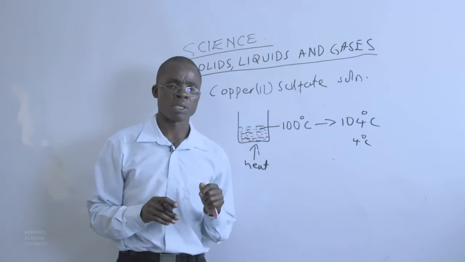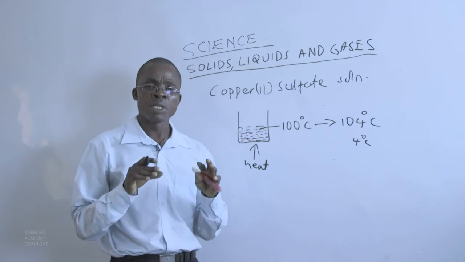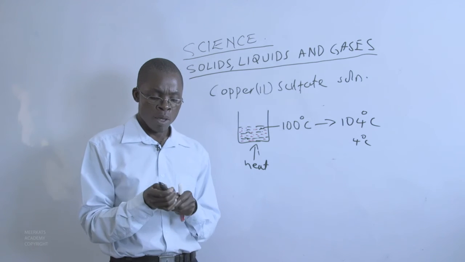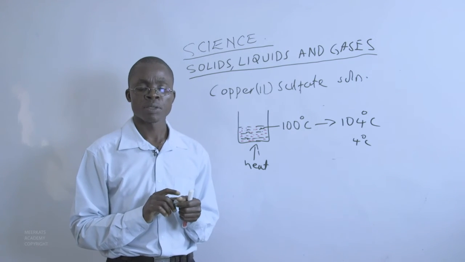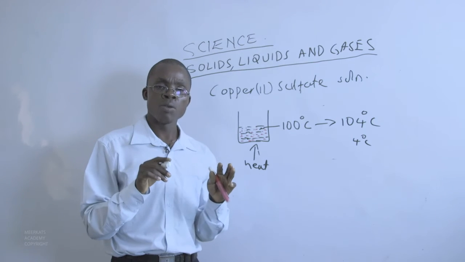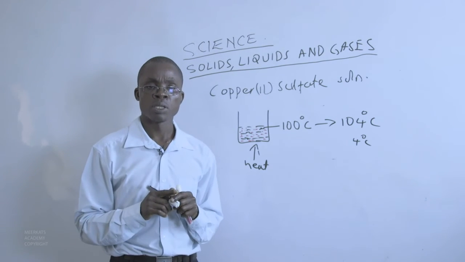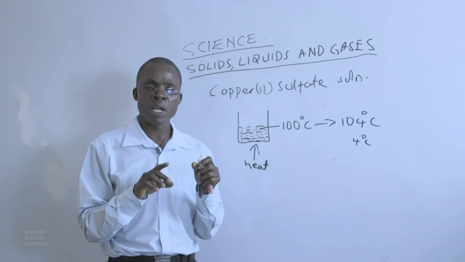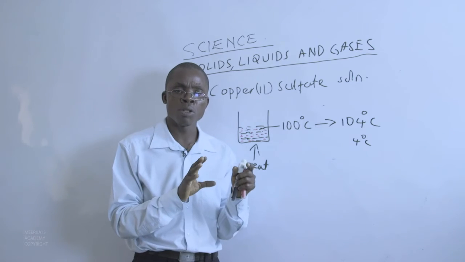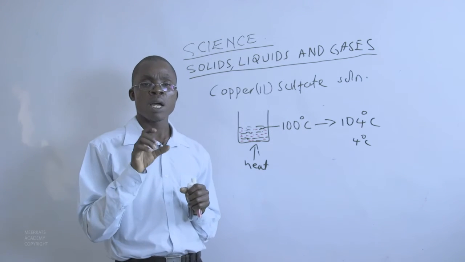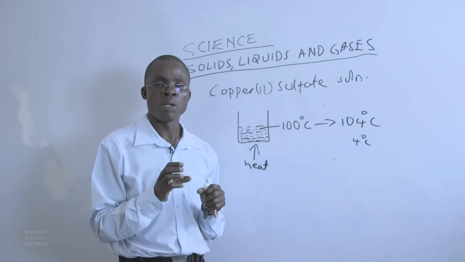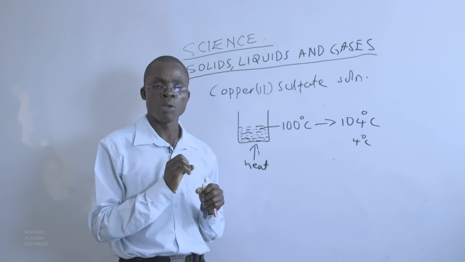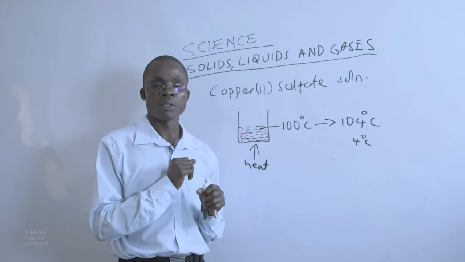Then what does this one tell us? This tells us that in case you encounter boiling water or boiling solution, be very careful on which solution to handle in which way. Look at the density of that liquid or that solution or that solvent.